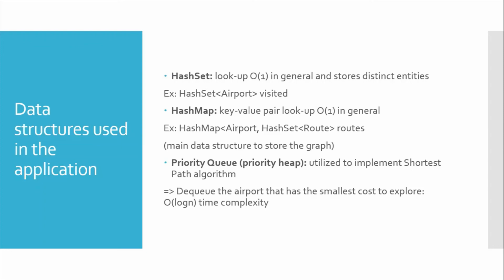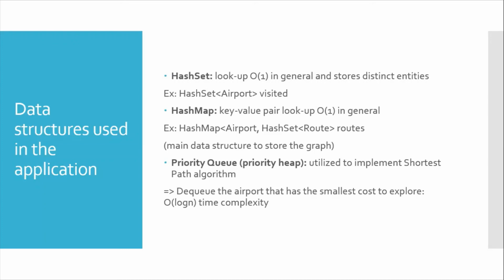The third important data structure is the priority queue, which is a priority heap. It is used to implement the shortest path algorithm, because when I use the queue, I get the one that has the shortest cost.